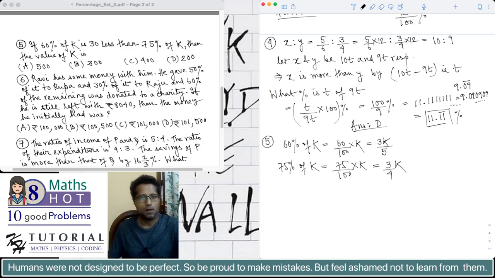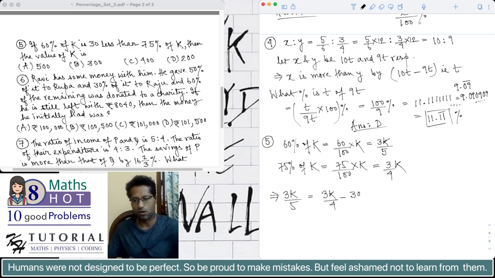It is also said that 60% of K is 30 less than 75% of K. So according to the problem, we can say that 3K by 5 is 30 less than 75% of K, which means 3K by 4 minus 30.